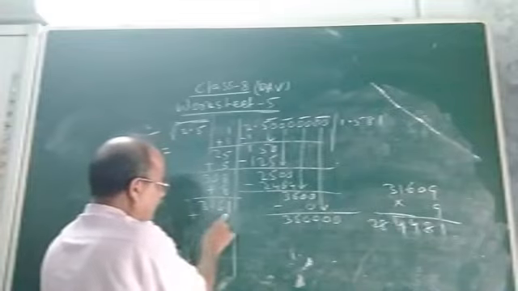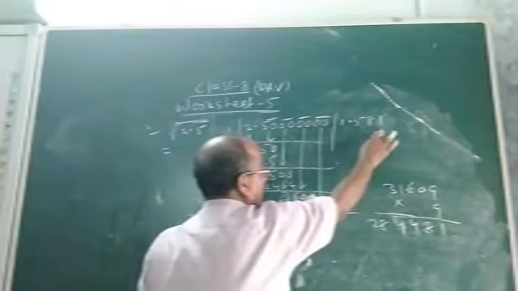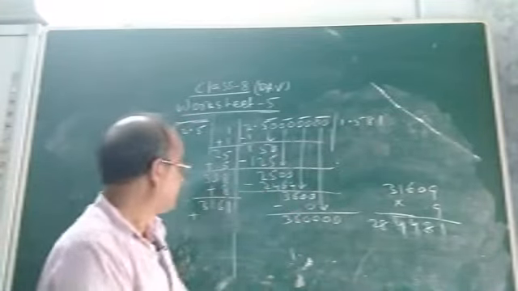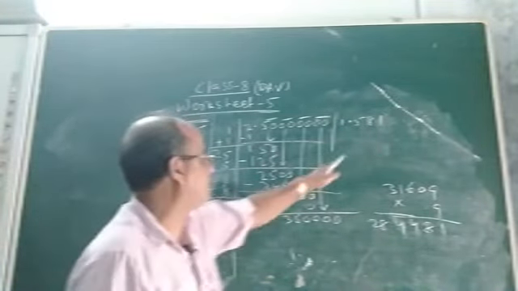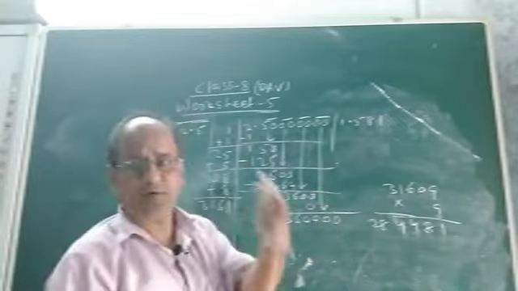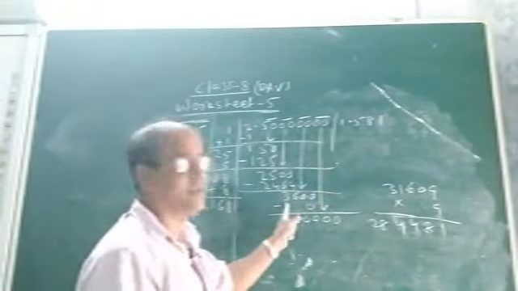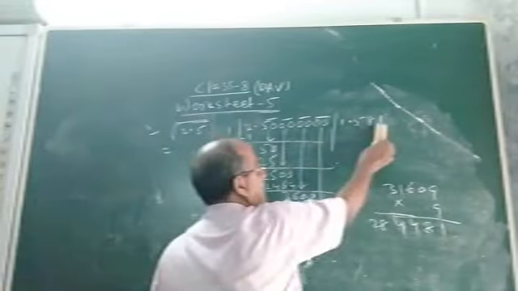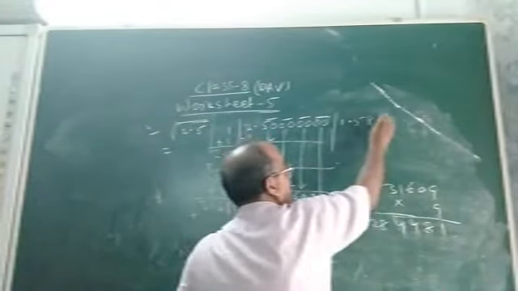Now it is 3161 into 1, it will be 3161. 3161 multiplied by 1 will give you 3161, which is greater than 3600. So we cannot put 1. So definitely we have to put here 0.